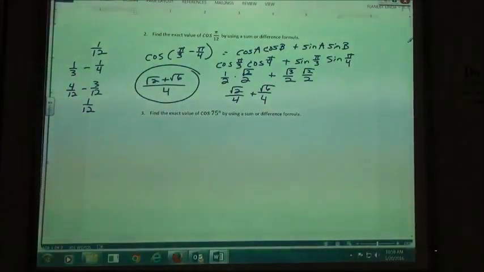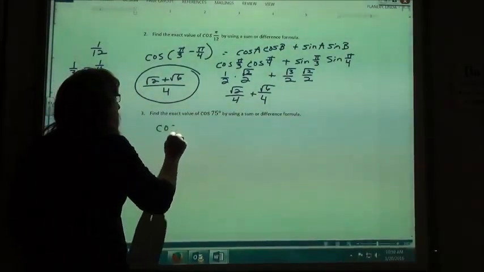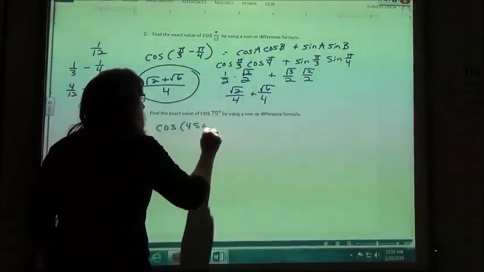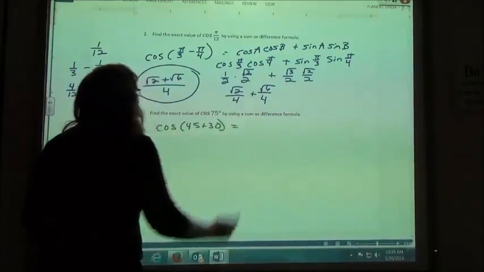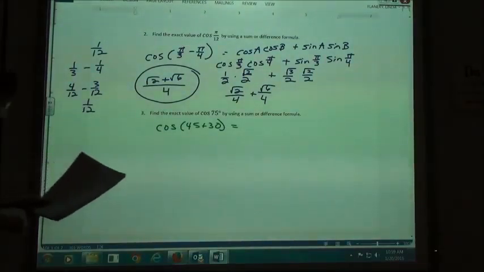Cosine of 75. Again, if I think about 75, 45 plus 30 is 75. So I'm going to do the cosine of 45 plus 30. And then I'm going to use my formula for the cosine of A plus B. It looks sort of like the cosine of A minus B; we're just going to change a sign in there.